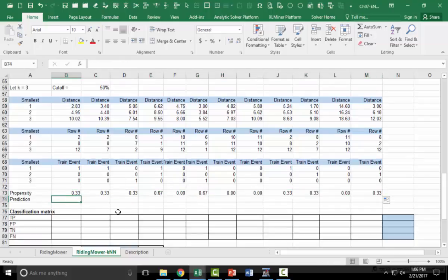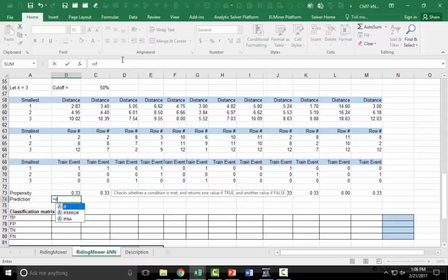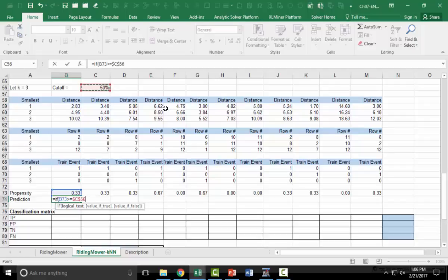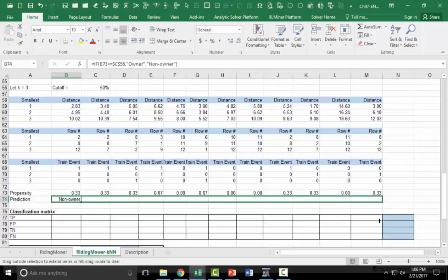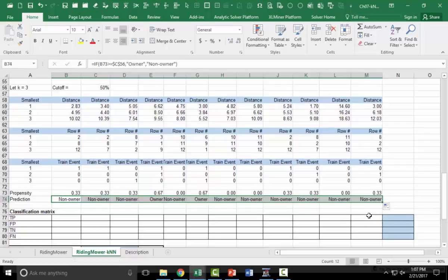So the prediction then is: if the propensity is greater than or equal to the cutoff point of 50%, then you predict owner, otherwise you predict non-owner. So that's your prediction.